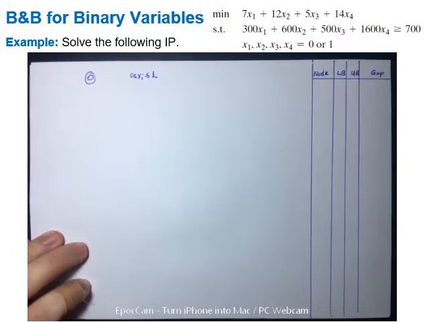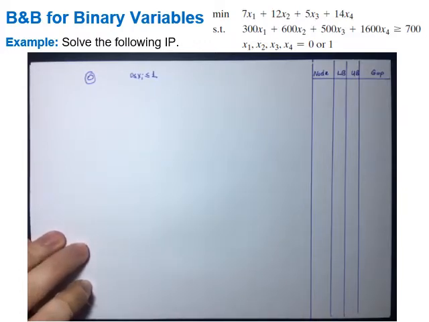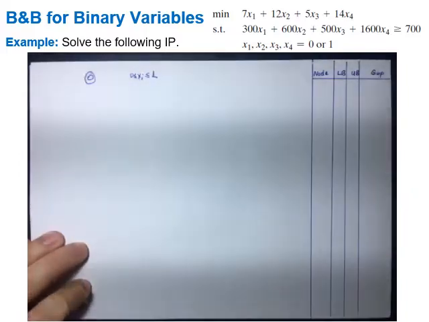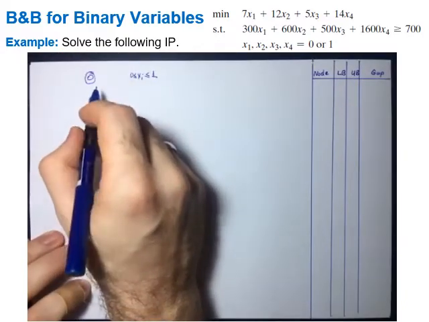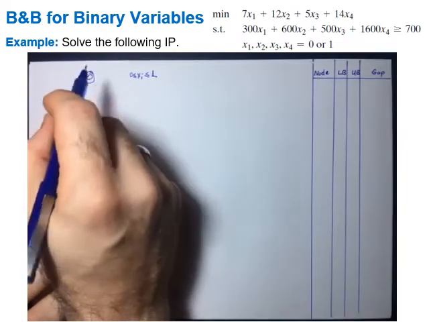Okay, so when we solve this problem, by the way, in this branch and bound algorithm, I will just give you the solutions of the relaxations. How do we solve it? In fact, you need to use the simplex algorithm to solve it. Assume that we used the simplex algorithm and solved it. Okay, and I will just give you the solution. So for this LP relaxation, when we solve it, we got this solution.